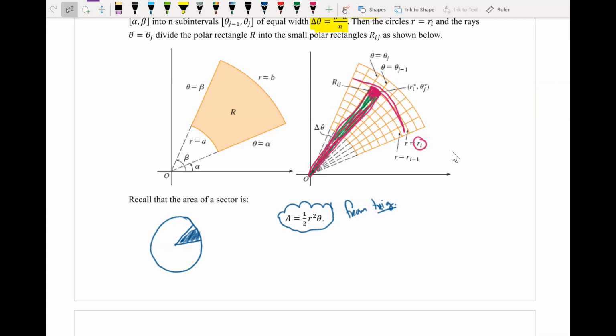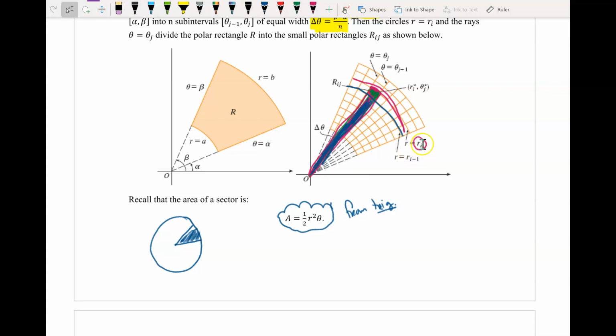So right here we have this purple area, and I'm going to subtract the area of the (i minus 1)th circle, for example this guy. So I'm going to subtract this area. So you can see if I take the purple area and I subtract the bluish area, what I'm going to end up with is this area that I really wanted. Okay, so that's the whole purpose of this.